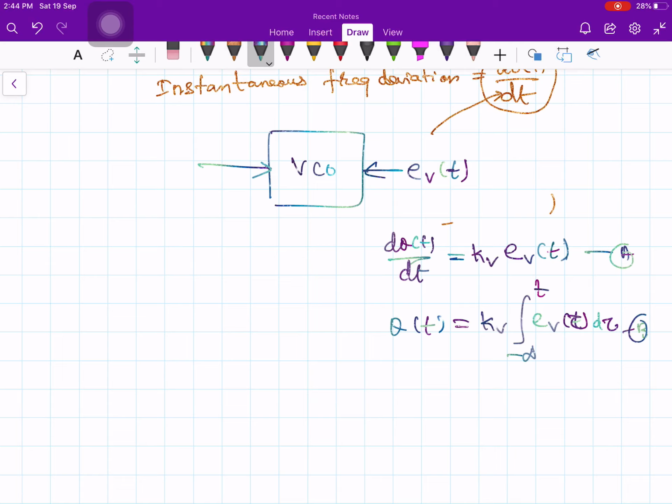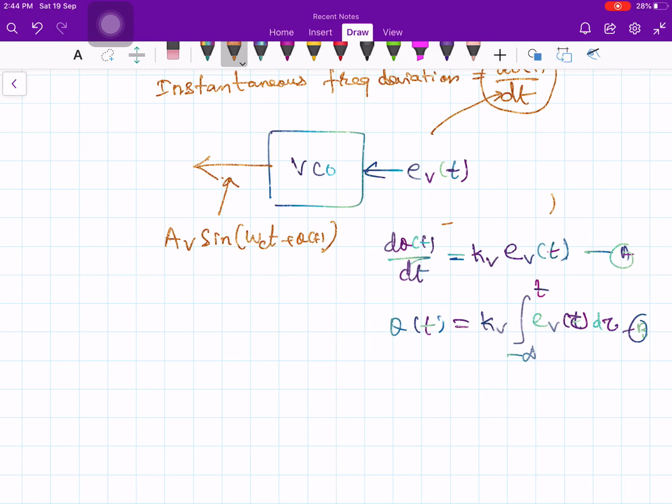And I'm sorry, I put an error mark wrongly. The output is coming out as AV times sine of omega ct plus theta of t. That's it. So the instantaneous phase of the voltage controlled oscillator is governed by equation B or equation A. This is instantaneous frequency, and this one is instantaneous phase.